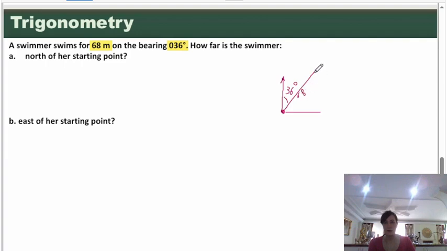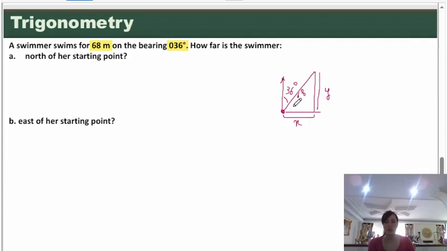For part B it says east of her starting point, and I am going to find this distance. I call it x, and this length y. So for part A I am going to find y.